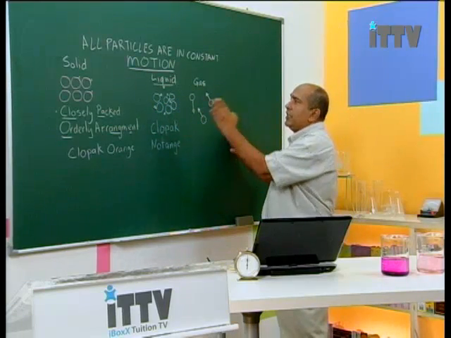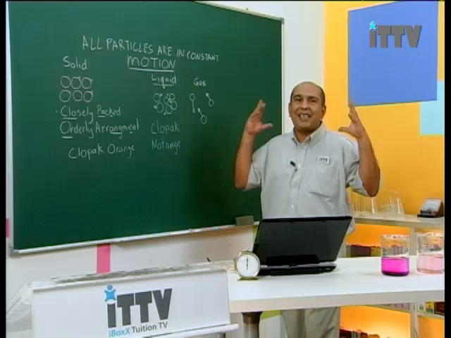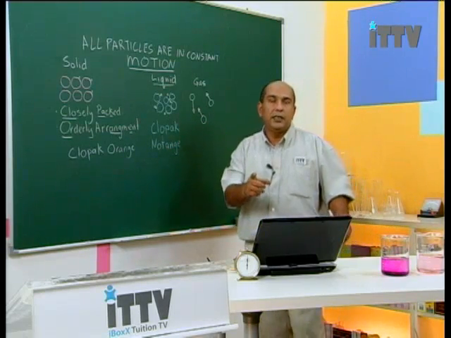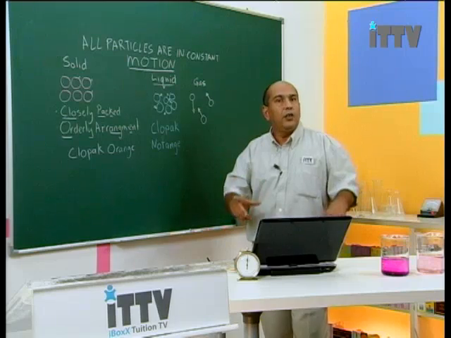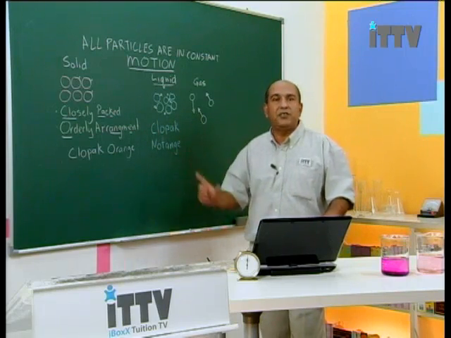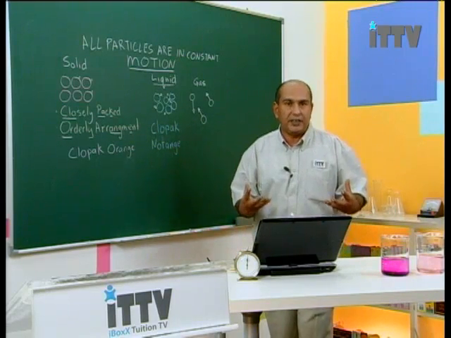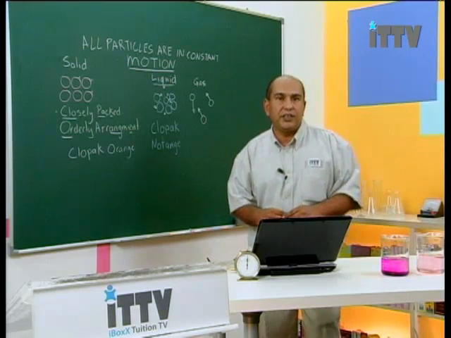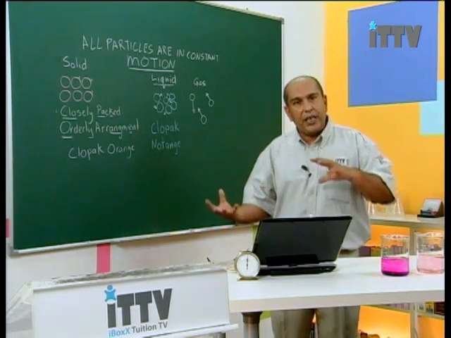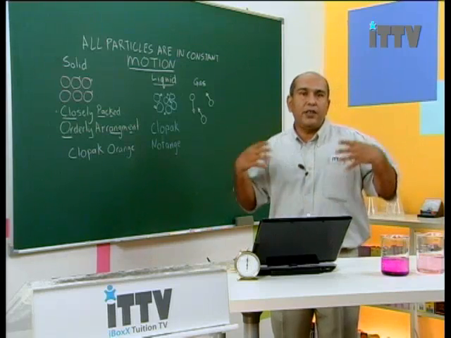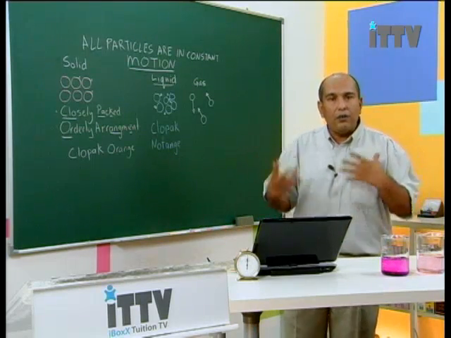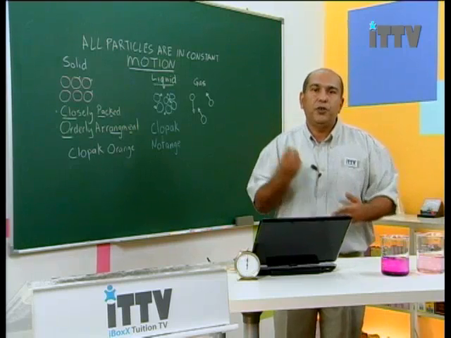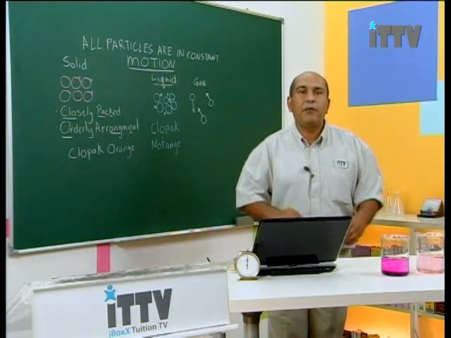And when we are in solid, liquid and gas, we use kinetic theory to explain solid, liquid and gas. If you don't know your kinetic theory, you're not going to be able to explain these 3 states. The motion in the states, the arrangement in the states, the forces of attraction in the states, their shapes, their volumes, whether you can compress them or not. All of this is explained using kinetic theory. You must know your kinetic theory like the back of your hand.